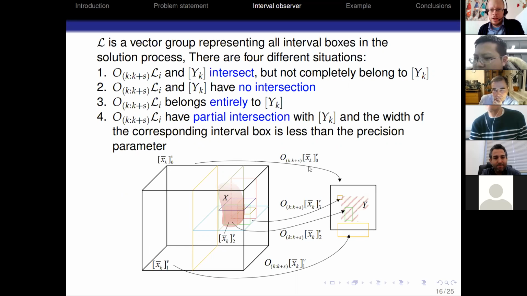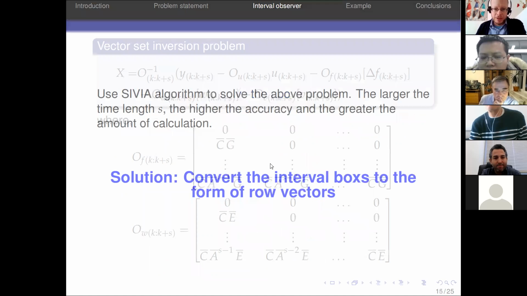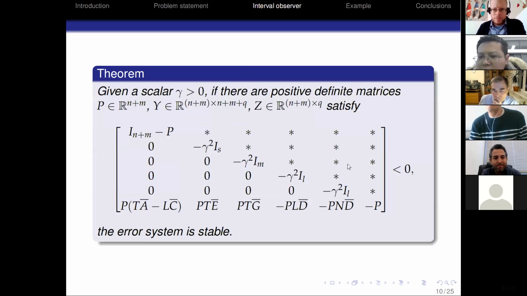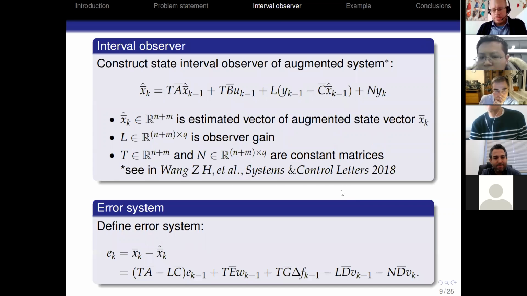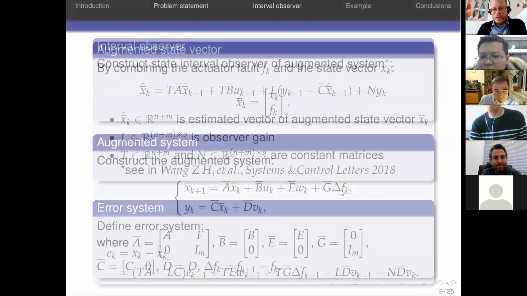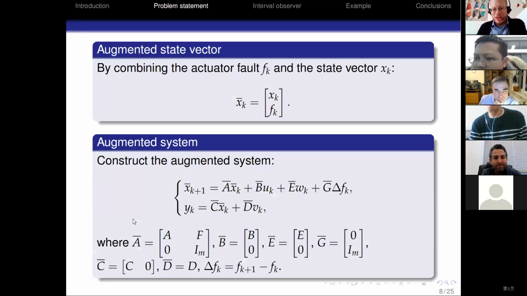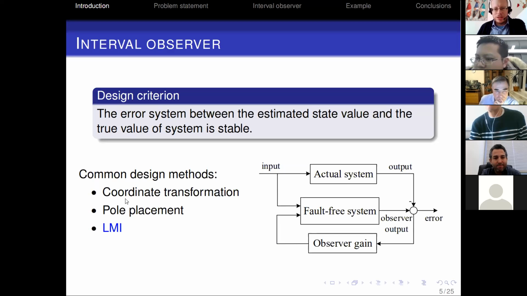The linear matrix inequalities that you used are something like H-infinity. At the very beginning of the talk, you said that other procedures would be something like also doing pole assignment. Yes. And just an idea for future extensions that you could consider.